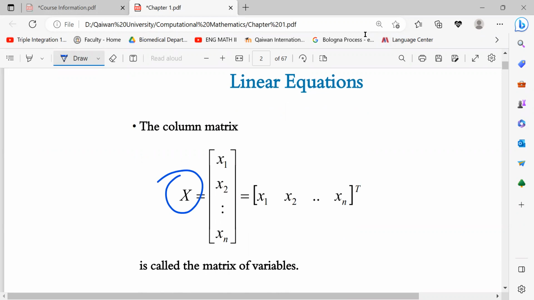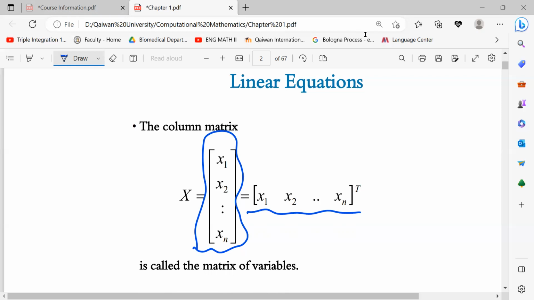In the linear equation, we had x1, x2, up to xn variables. And here, you could write x1, x2, up to xn as a column. This is a column vector. And here, x1 up to xn is a row vector. The horizontal one is called a row vector, and the vertical one is a column vector.